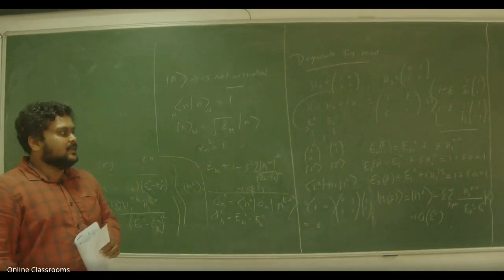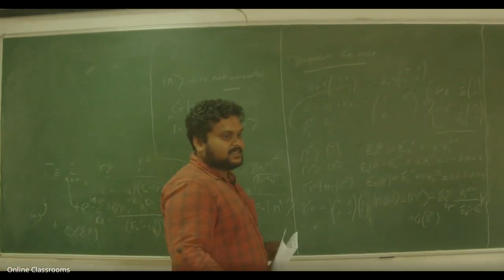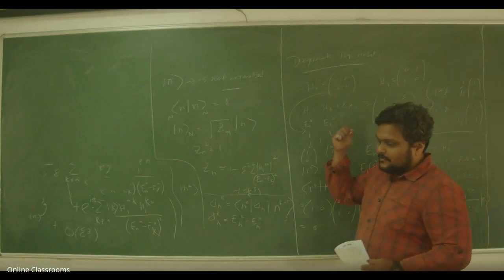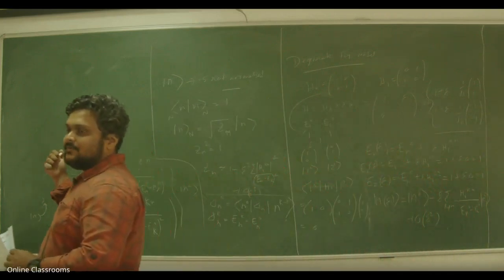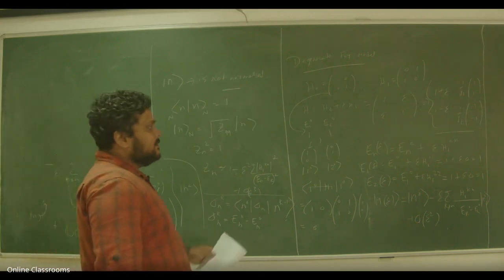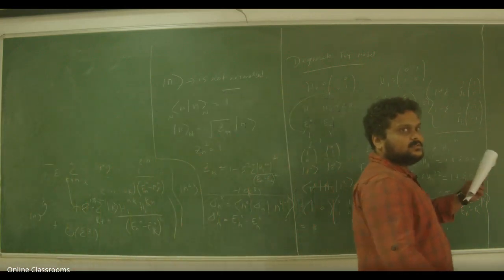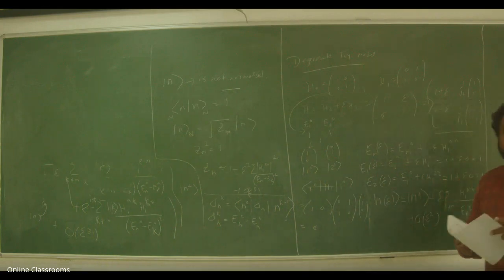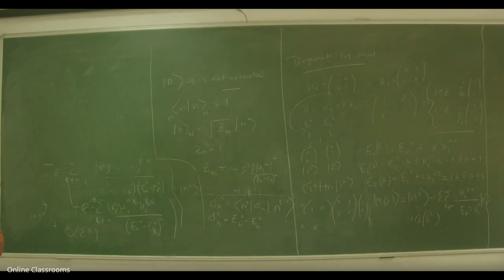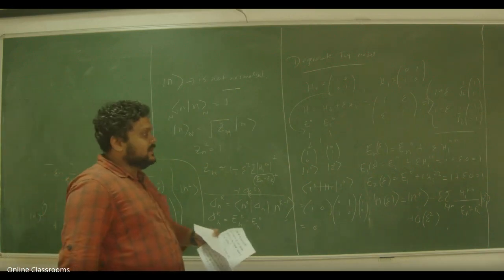So one thing you want from your perturbation theory is that when you take your epsilon to 0, you will fall back on the problem of H0. And there is no guarantee for that to happen because you don't know which H0 you started with. Your H0 needs to be fixed properly, right? So these are the two problems we would like to deal with.